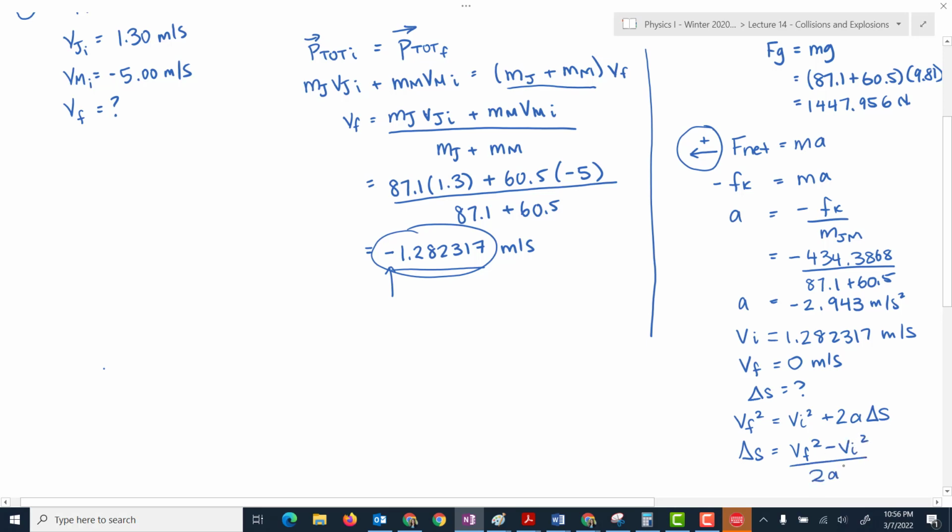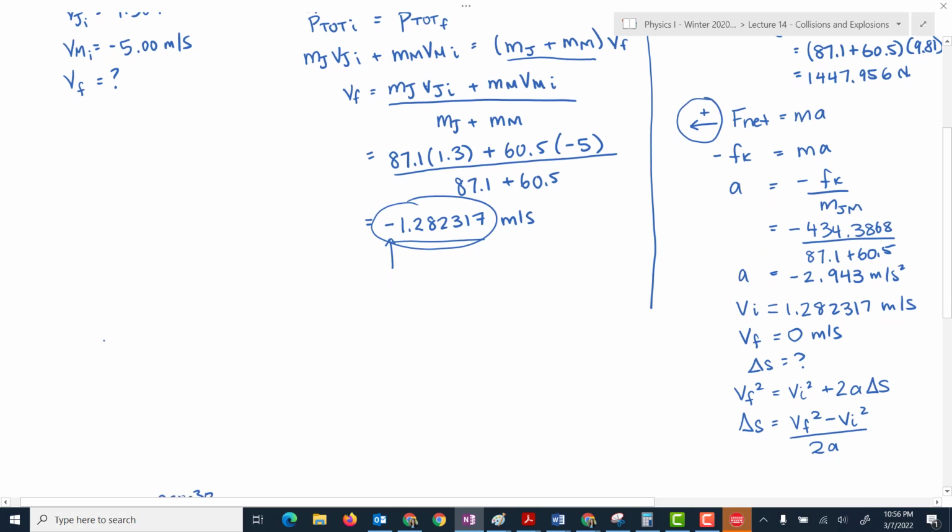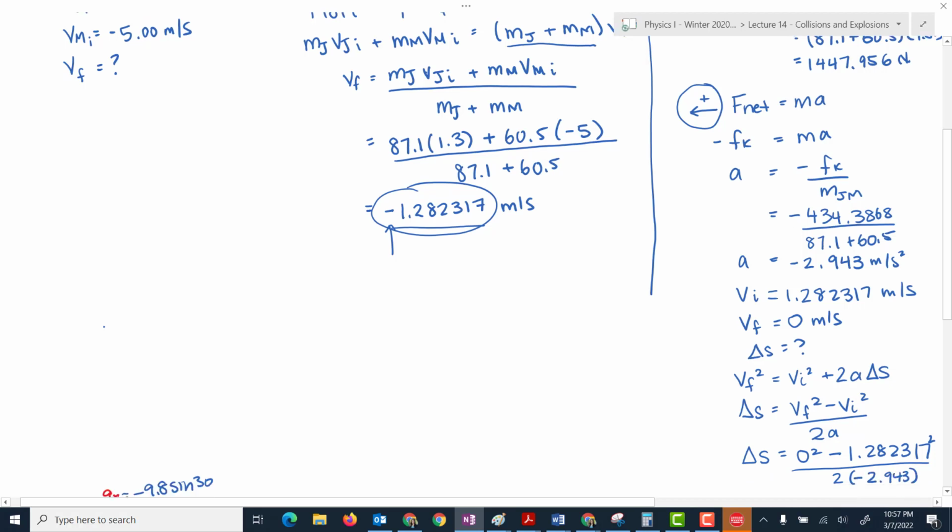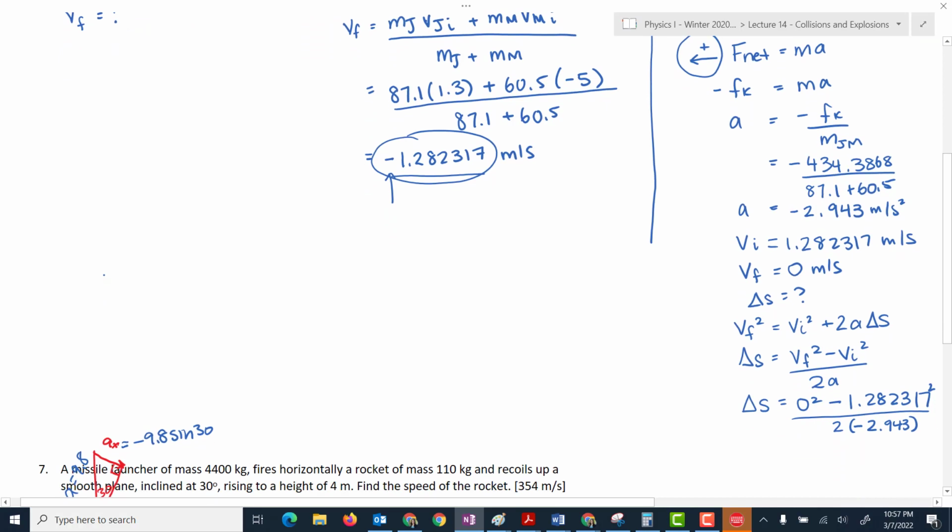And we can sub in all of our values. So delta S equals V final, which is 0 squared, minus V initial, which is 1.282317 squared, over 2 times the acceleration, which is negative 2.943.